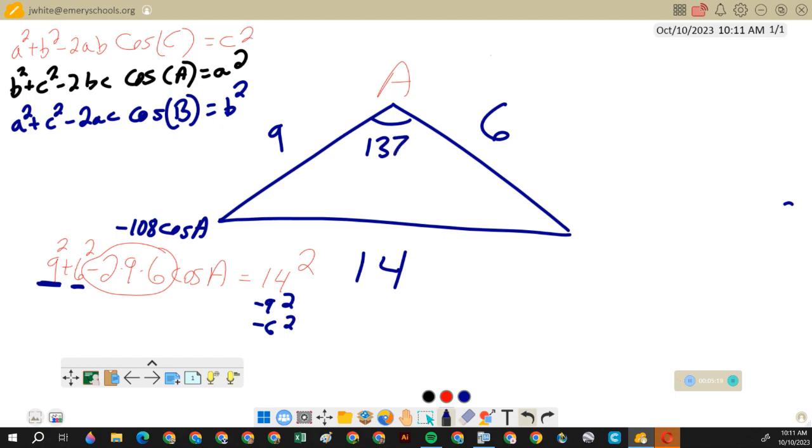If it asked me to find this angle, which it calls B, how would I find B?